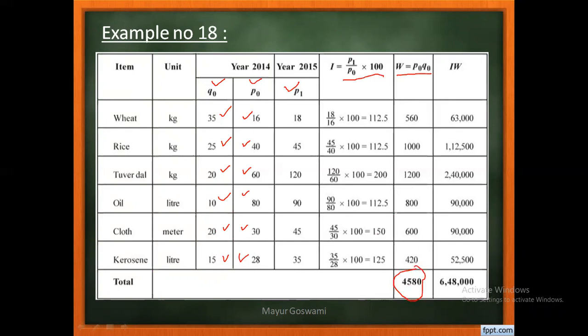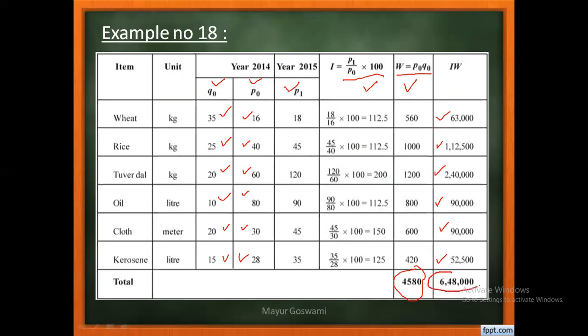Now in the formula we require sigma IW. This is your I and this is your W, multiplication of these. 112.5 into 560, 63,000. 112.5 into 1000, 1,12,500. 200 into 1200, 2,40,000. 112.5 into 800, 90,000. 150 into 600, 90,000. 125 into 420, 52,500.